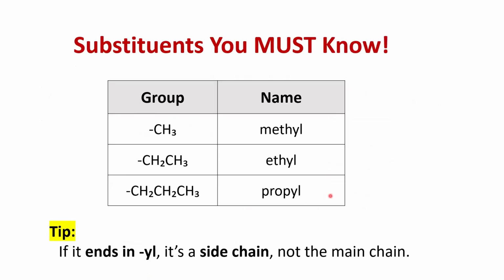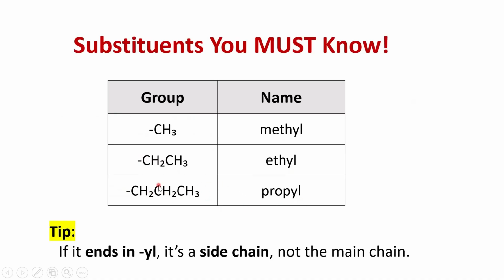Some of the alkyl groups that you must know: CH3 with one carbon is methyl. CH2CH3, which is two carbons, is ethyl. CH2CH2CH3, three carbons, is propyl.